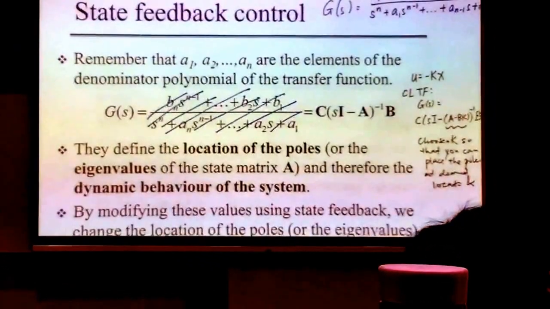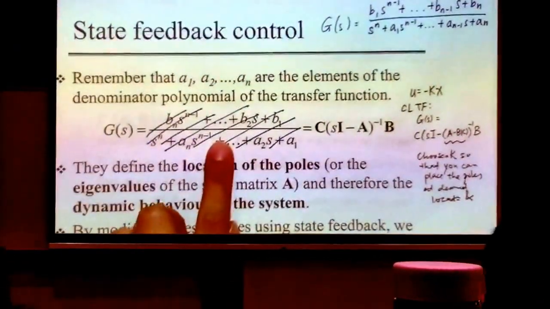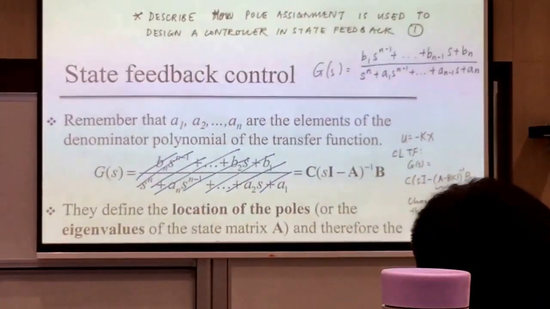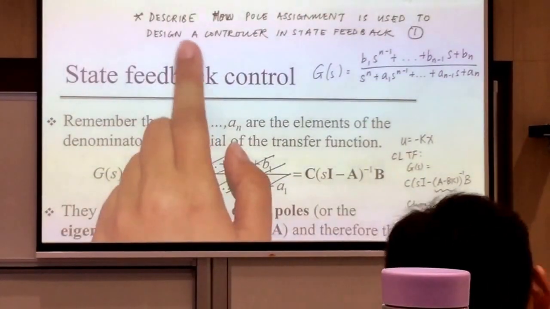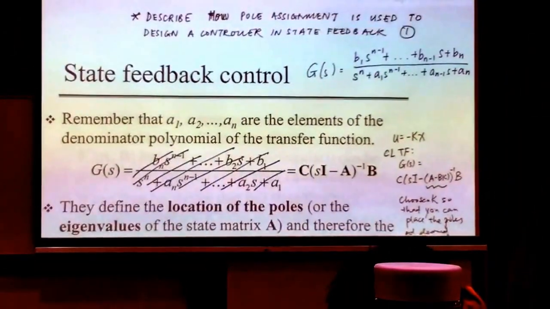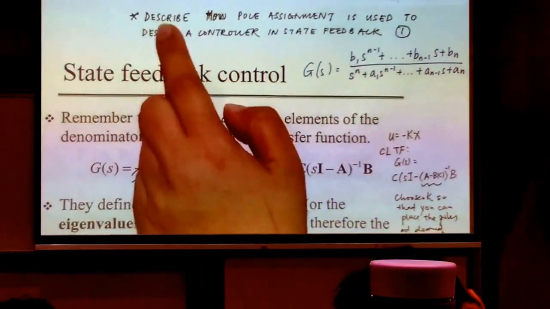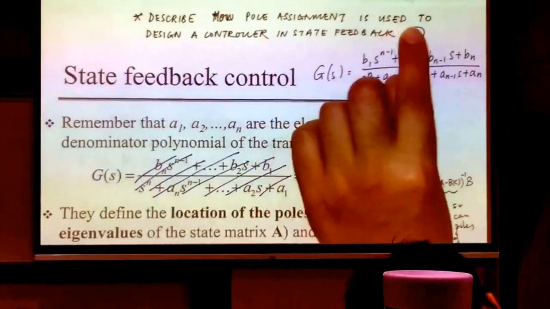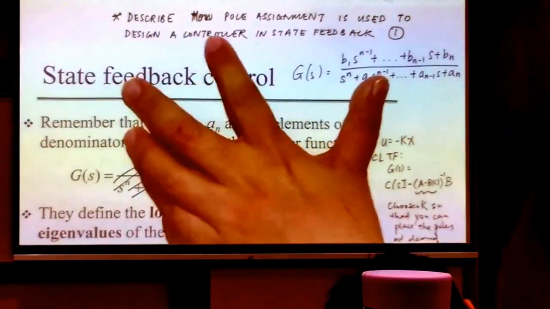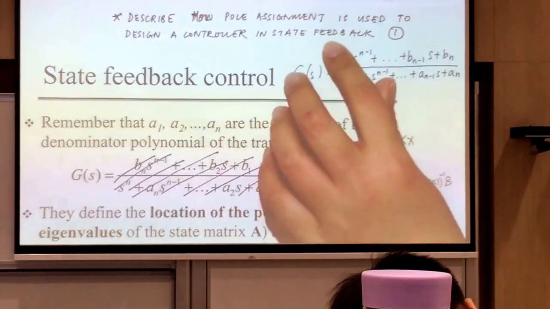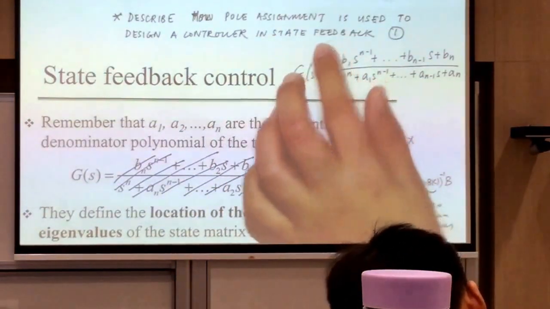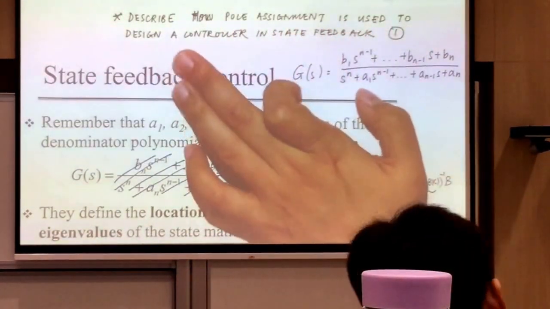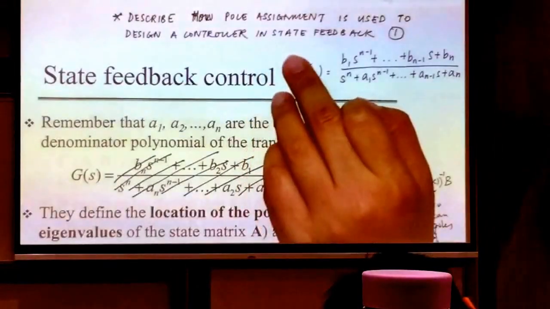Okay, on this particular slide, you change from this to this. And this slide is very important, so you can write down this question because it will come up most of the time. The question is: describe how pole assignment is used to design a controller in state feedback.